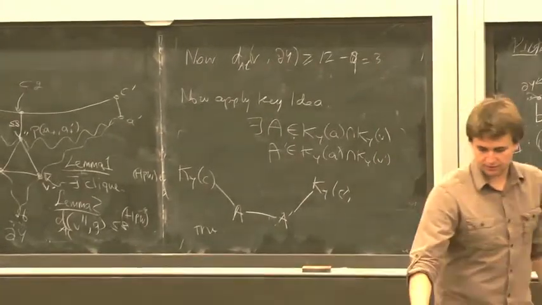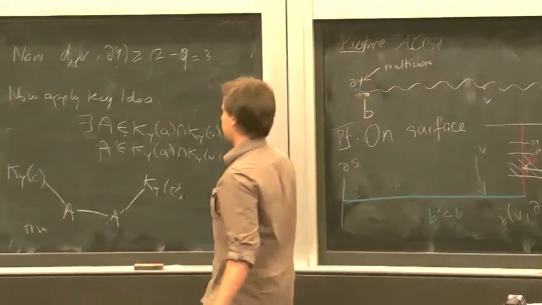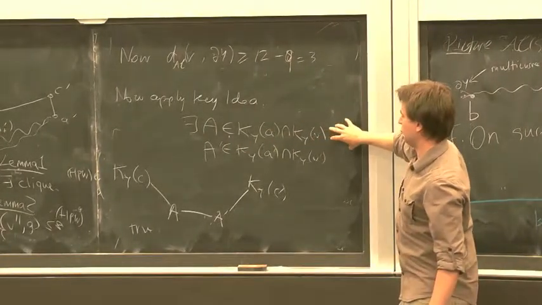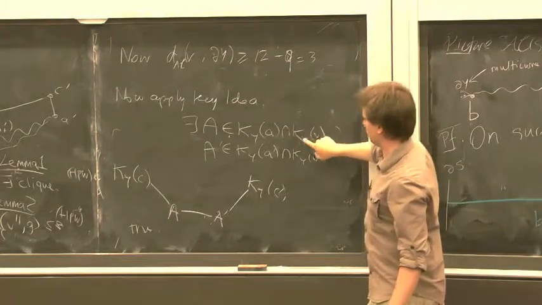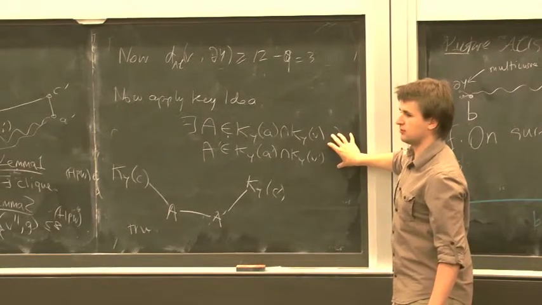Okay. Where are A and A prime again? Capital A, capital A prime. Remember the key idea said that there is a common arc. But in this picture, where are capital A and capital A prime?